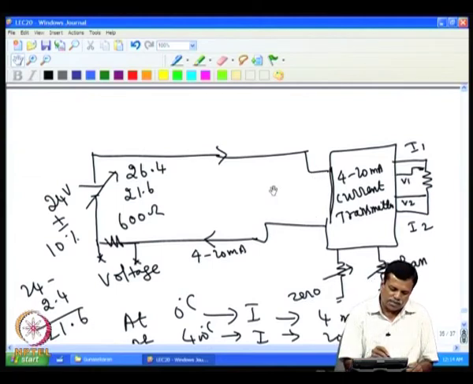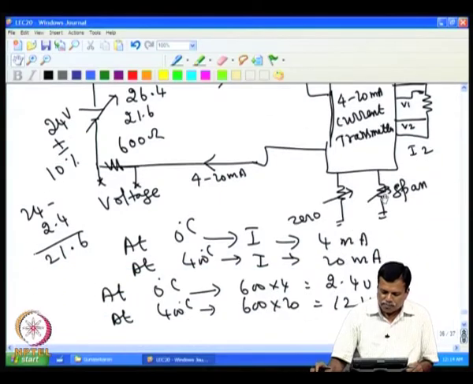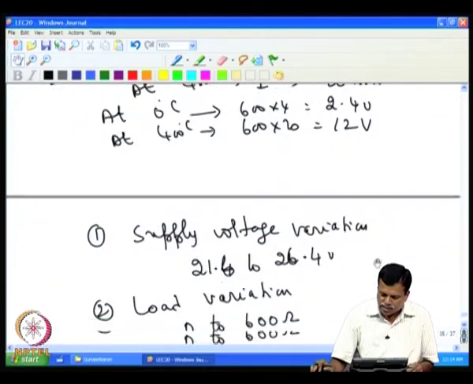So, variation of the supply and variation of the load changes the available voltage to the current transmitter. That is an important consideration while designing the circuit.